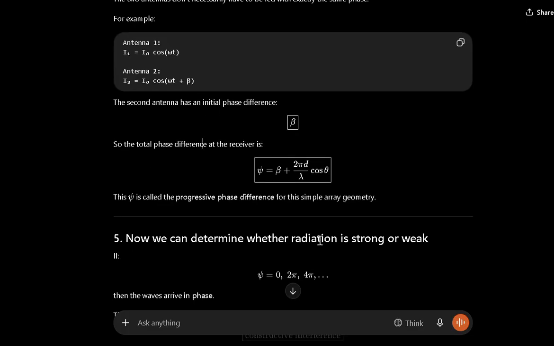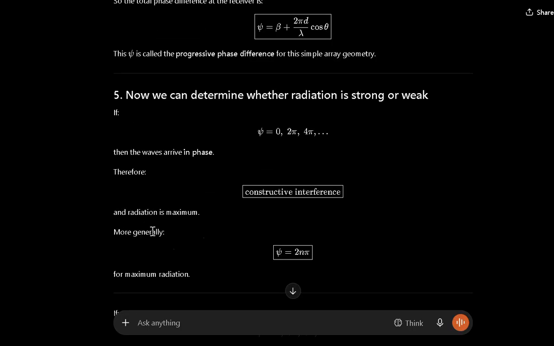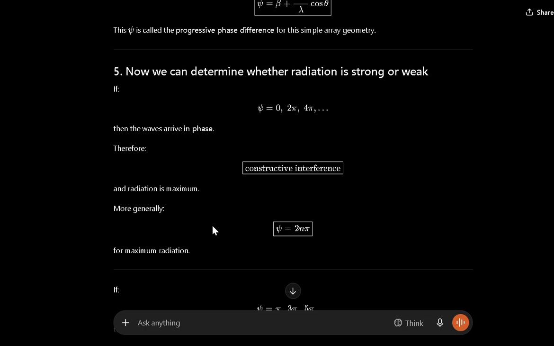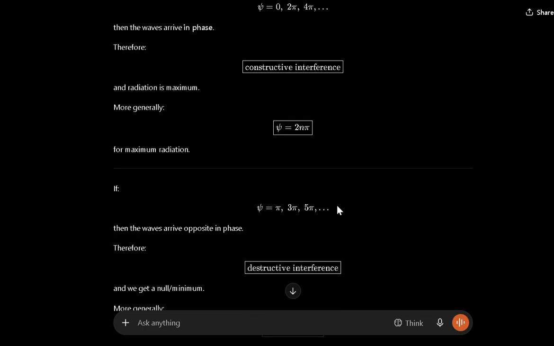Now you can determine whether radiation is strong or weak. If it is zero, then the waves are in phase, therefore constructive interference. More generally, 2n pi for maximum radiation. If this value is odd, then the waves arrive opposite in phase, destructive interference.